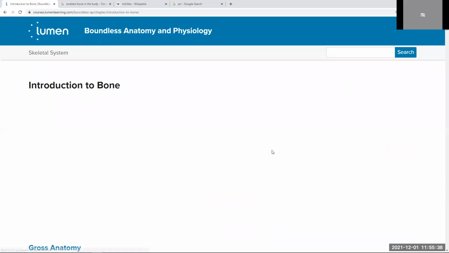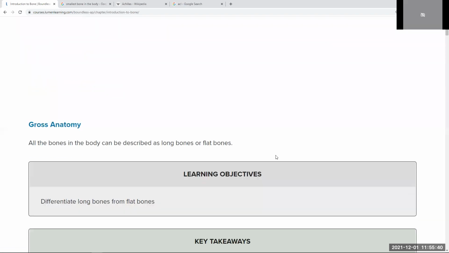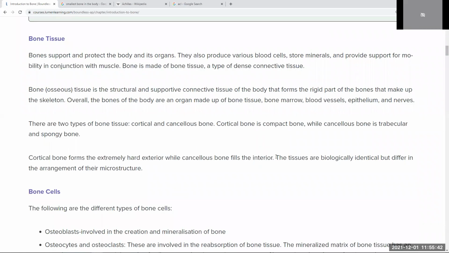Okay, bone. So when we're looking at bone, sometimes we could be fooled. We think about bone as being this white skeleton. But in truth, bone is alive. It's a live tissue.